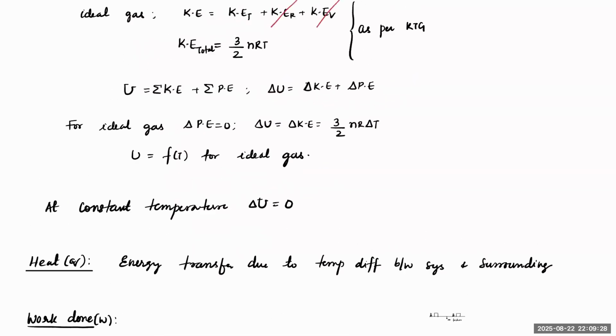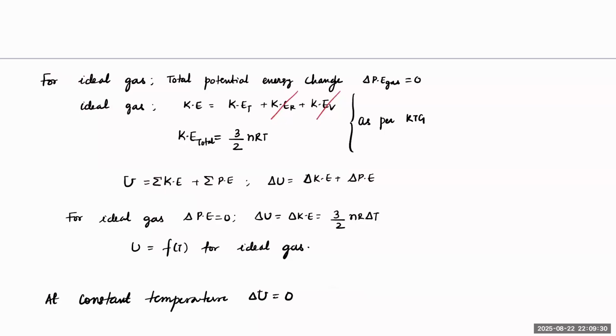I think the concept of internal energy is clear to everybody, and how it is related in terms of ideal gas, real gas, solids or liquids. And moreover, for an ideal gas, we can directly write U as a function of temperature. This is the proof for that.